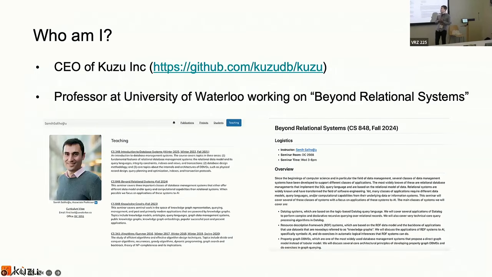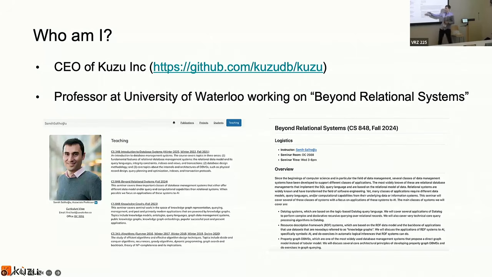Let me just tell you a little bit about who I am. My name is Semih Salihoğlu. I am the CEO of Kuzu Inc., a startup commercializing the Kuzu property graph database. I'm also an associate professor at the University of Waterloo in Canada. I work on database management systems, and specifically my expertise is on what I'm broadly referring to with this umbrella term as beyond relational systems.